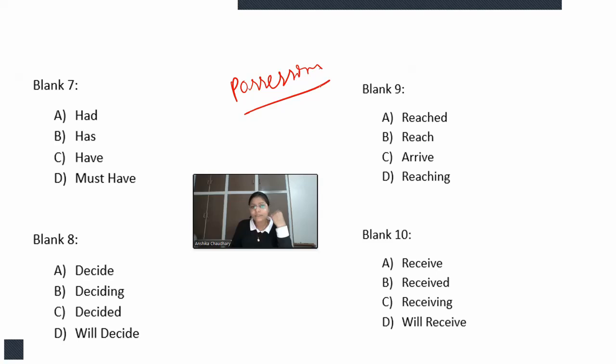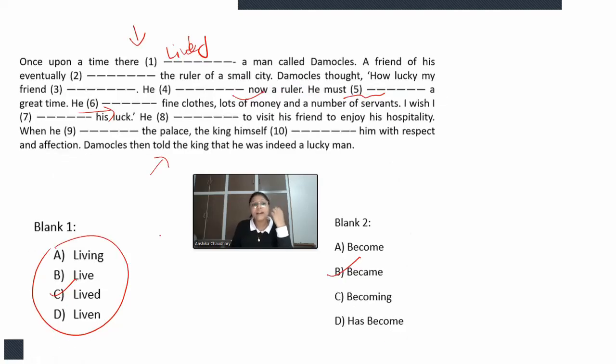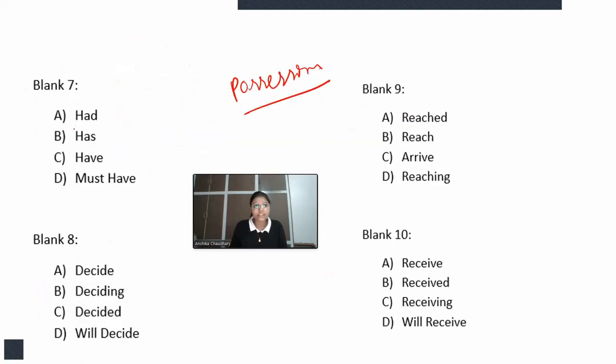So I wish I had his luck, because here I'm imagining, I'm wishing for that thing. It is not actual, I'm just wishing for it, I'm just having a hope for it. So I will be using the appropriate form, so had would be the correct answer. I wish I had his luck.